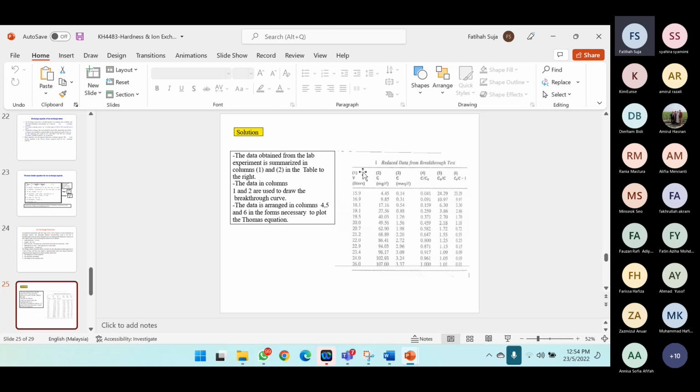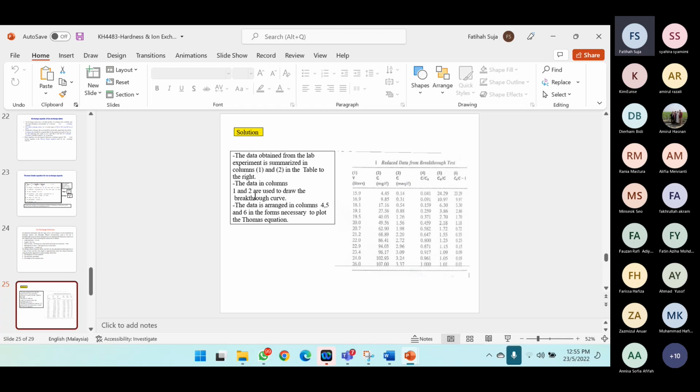So let's say in column 1 and column 2, you have this data from the experiment. Here, after you have input 15.9 liter, you will get out of the system 4.45 milligram per liter.